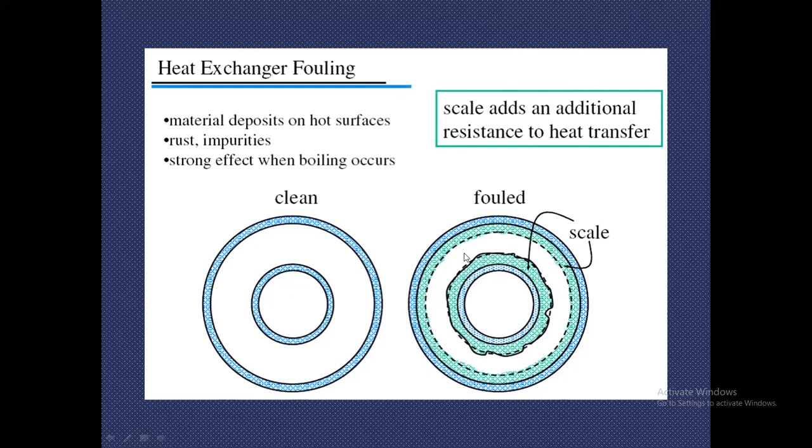And in your shell side fluid, this is where your shell side fluid is flowing, you have an encouragement of the formation of this other scale. So you have this scale here and this scale here, and we say that our heat exchanger tubes are fouled. In that case, we are to consider the corresponding resistances offered by the scaling material.